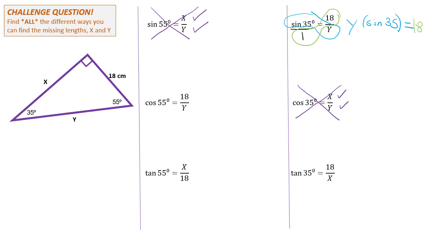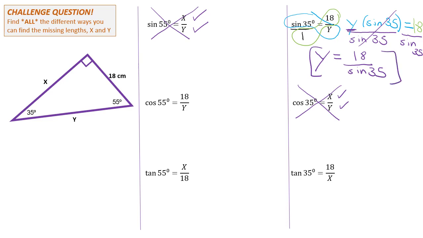I am trying to isolate the y, get the y all by itself, so I'm going to divide both sides by the sine of 35. Sorry, that's a little crushed in there. That goes away, leaving me with y equals 18 over the sine of 35.